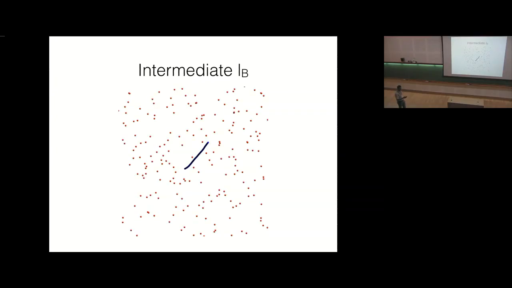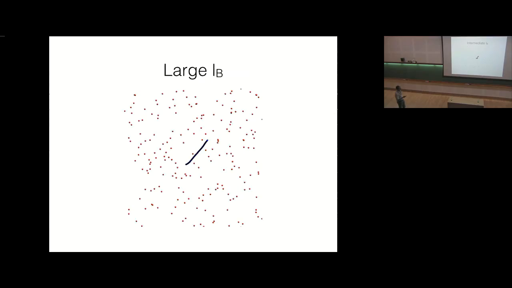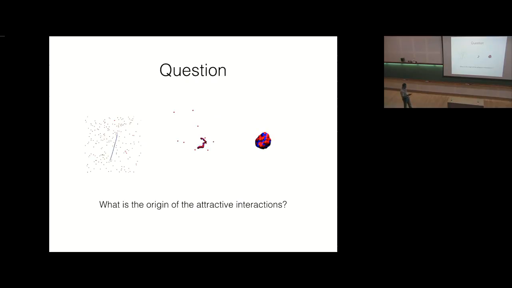A certain fraction of the counterions condense onto the polymer, but the polymer is still extended. Now, if you increase the charge strength even further, to larger Bjerrum length, all the counterions condense and the polymer collapses, just like the neutral polymer. So you have this transition from an extended to a collapsed phase. The question I'd like to ask is, what is the origin of this attractive interaction that drives this transition?